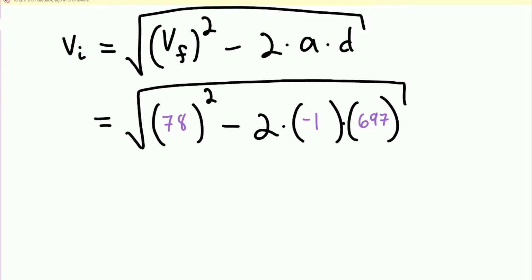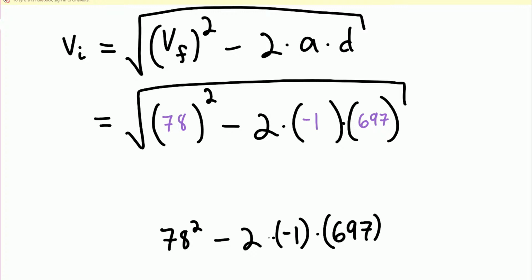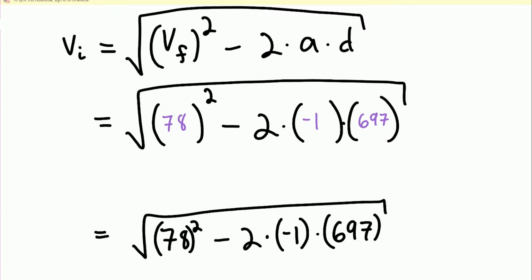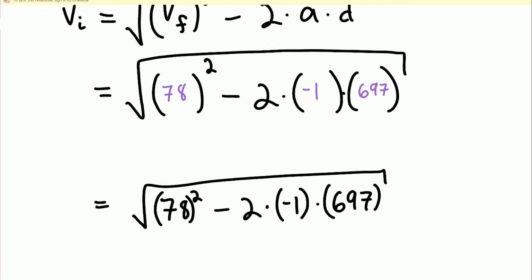It'll be 78 squared, minus 2 times -1 times 697. All I did was I made it all in black. You agree that this equation is the same thing as that, right?